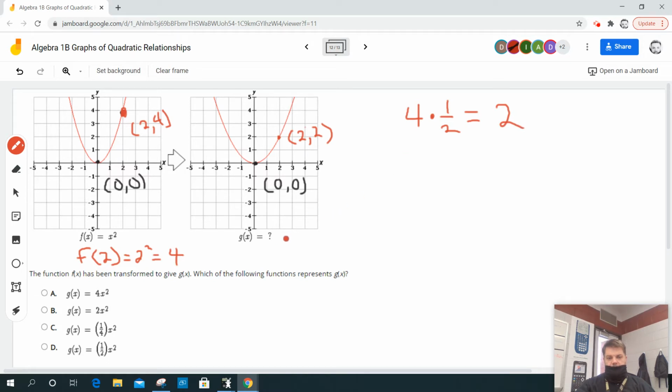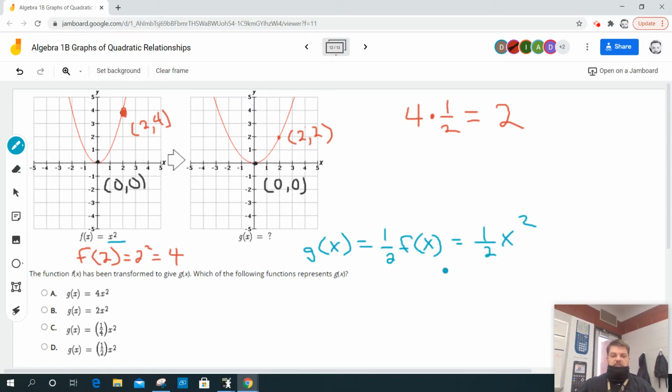So maybe g of x is equal to 1/2 times f of x. Or it's 1/2 times x squared, because that's what f of x is, right? How can I verify that?